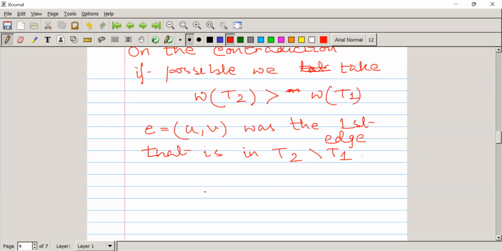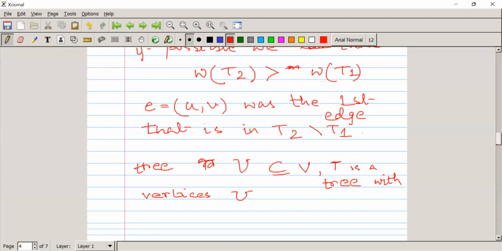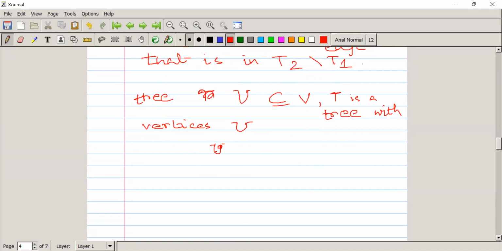So in Prim's algorithm, say some tree T, say U was some vertex set, a subset of the vertices, and T is a tree with vertices U, and T is common to T1 and T2, the intersection.